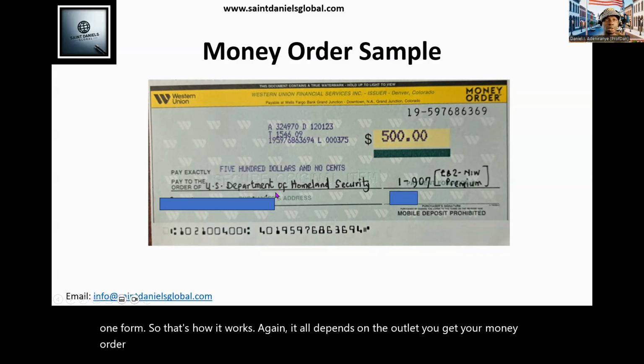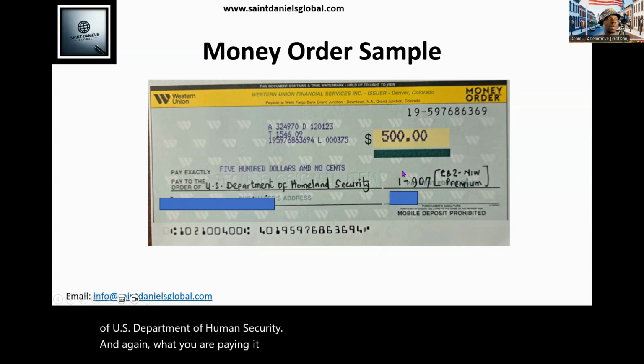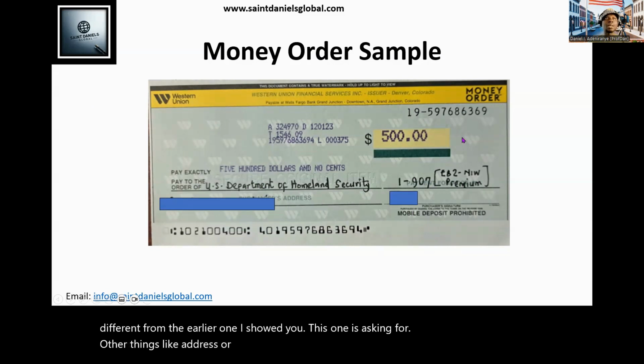You see, for these 2 different types of outlets, it's being paid to the order of U.S. Department of Homeland Security. And again, what you are paying it for is stated there. In this one, you see it's a little bit different from the earlier one I showed you. This one is asking for other things like address or purchaser address, things like that. So again, that's that about money order.